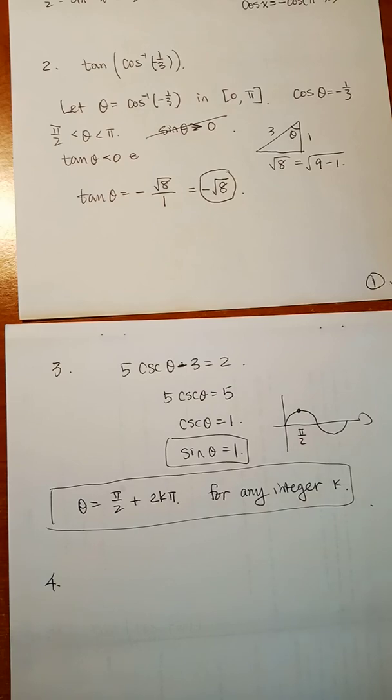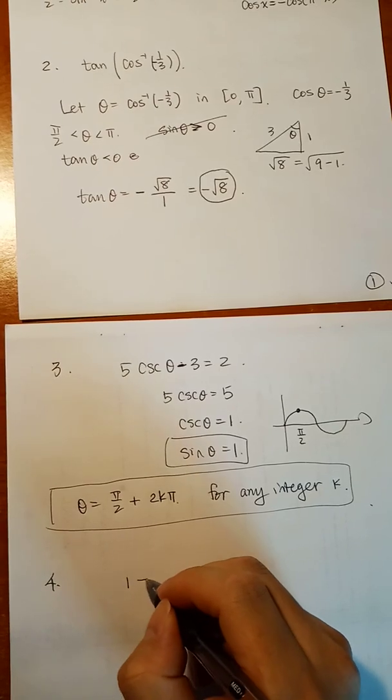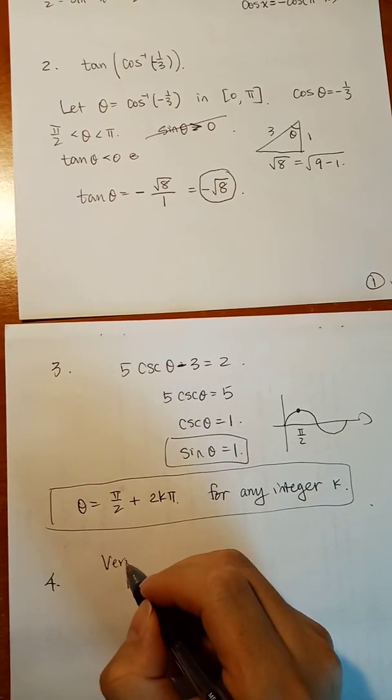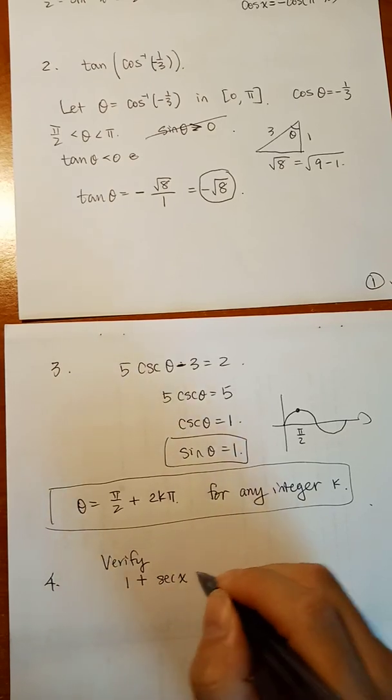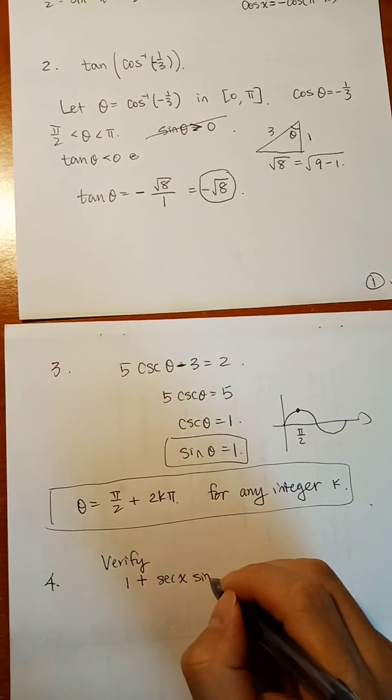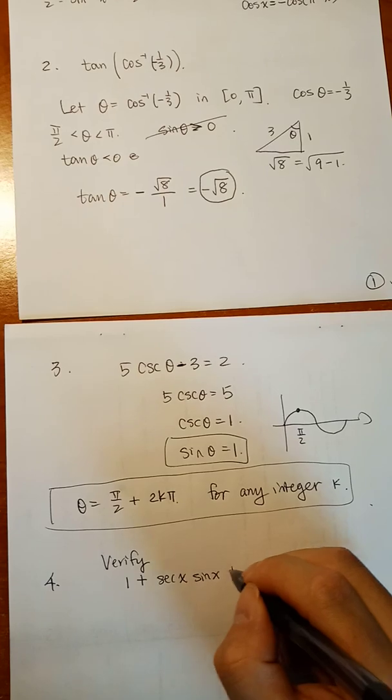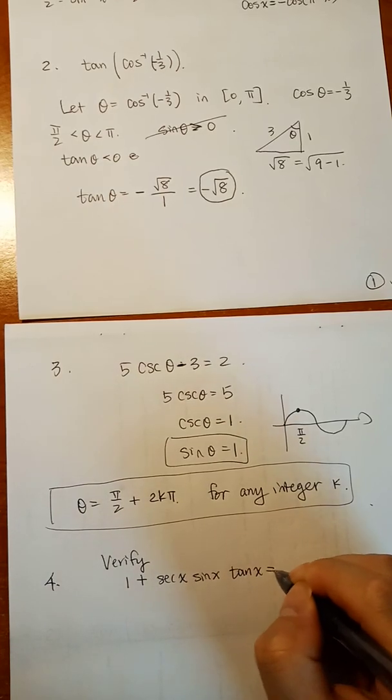Problem 4. Verify the following equation as an identity. To verify it, you never start from the equality. So start from the left hand side. Let's first copy it: secant of x, sine of x, tangent of x.